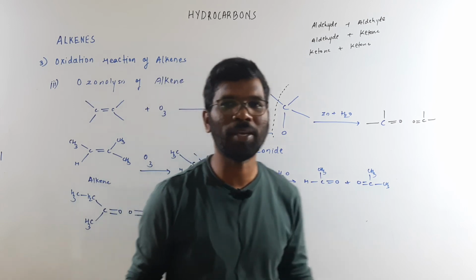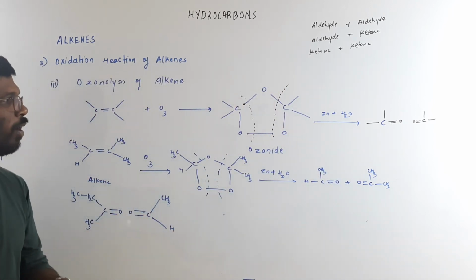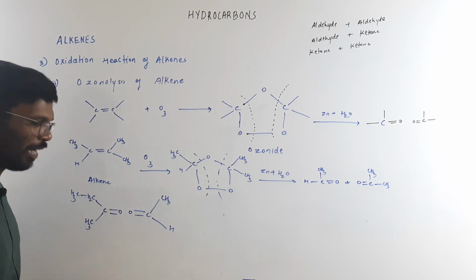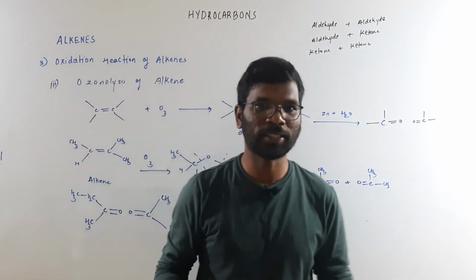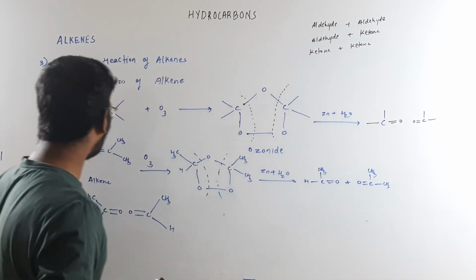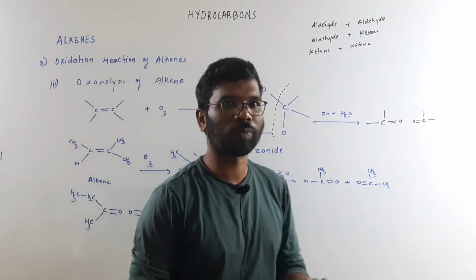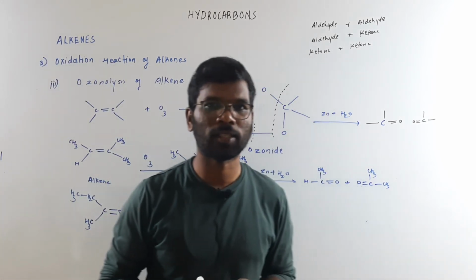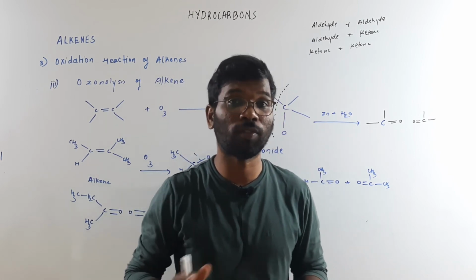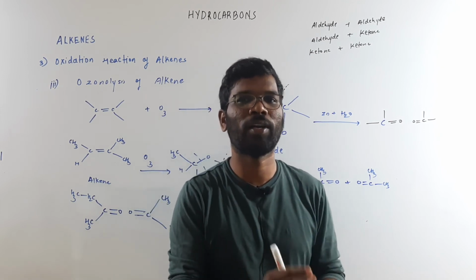The question may be asked in such a manner that these are the final products, then what is the alkene? You just connect them and remove the oxygen between them. That is the best thing we can do for this test. Ozonolysis of the alkene is the very best test for detection of the position of the double bond in the alkene, where exactly the particular double bond is present.